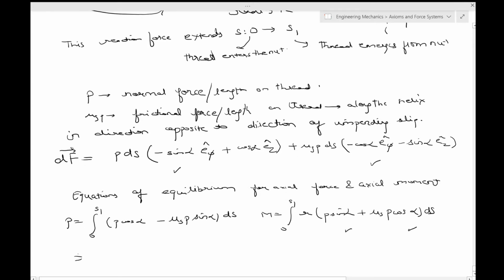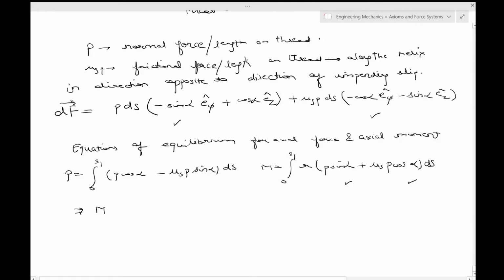So just like last time, M by P would be equal to r of (sin alpha plus mu s cos alpha) by (cos alpha minus mu s sin alpha).